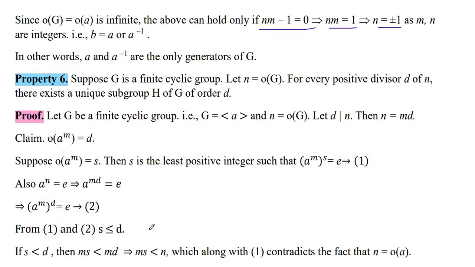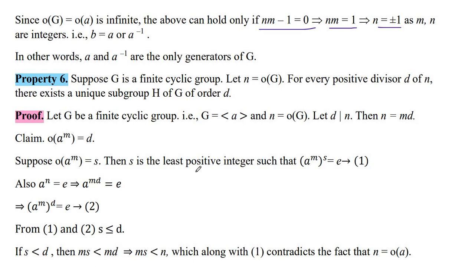So the next property is: if G is a finite cyclic group and the order of G is n, then for every positive integer d which divides n, there exists a unique subgroup H of G of order d.